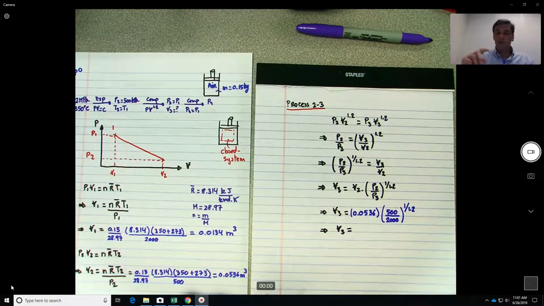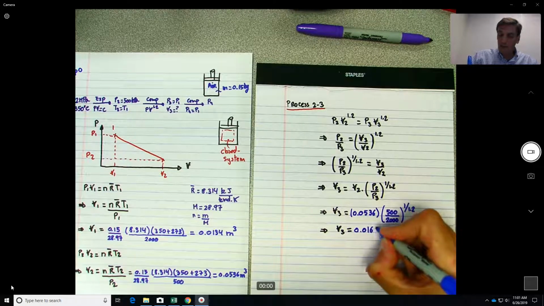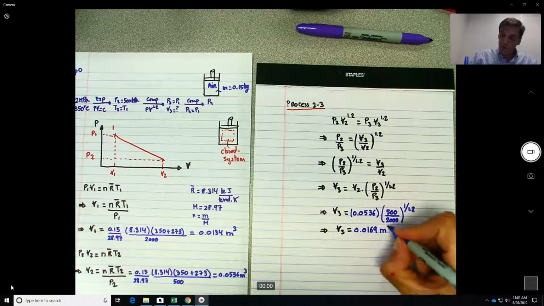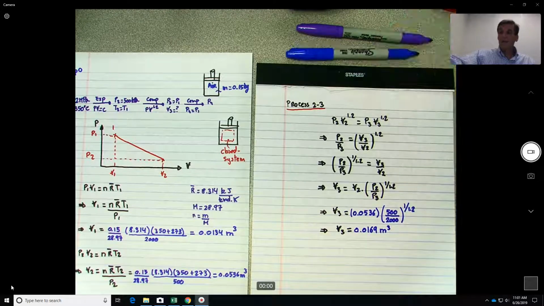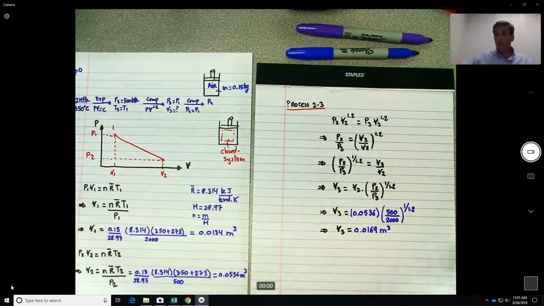And this is going to give us a value of 0.0169 cubic meters. So basically it's a lot of work just to get some figure going.